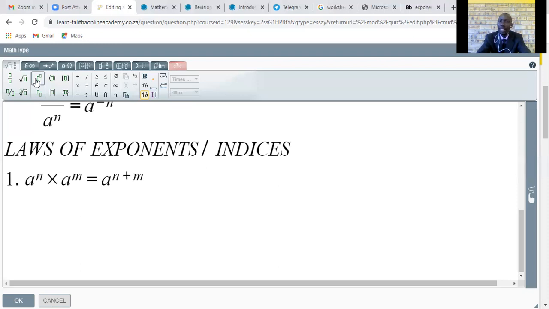Now notice the reverse is true. Before we move to look at how to simplify these, let's put the reverse right away.